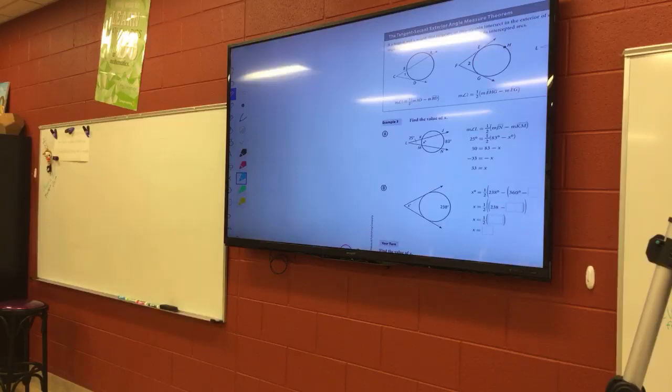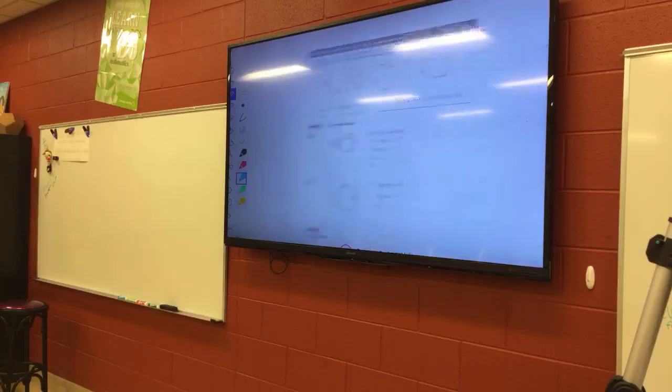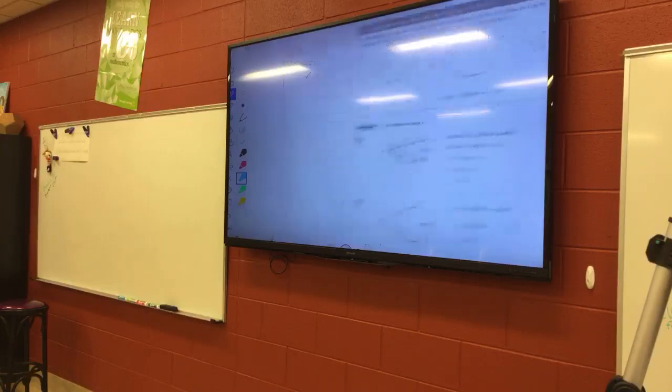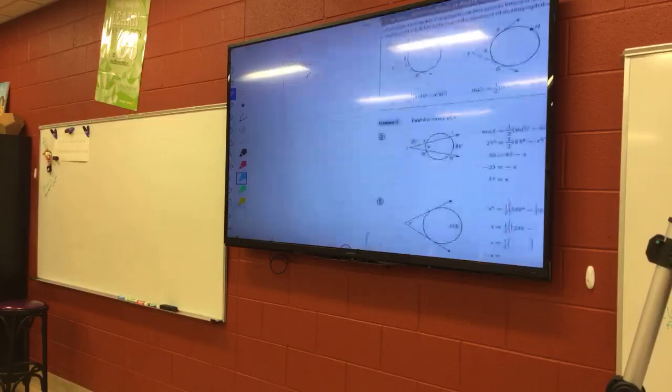Alright, so the next part is outside the circle. Okay? And when it's outside the circle, we're subtracting. Okay, so I'm going to write all these over here though. So we have the vertex has a couple of possibilities. It can be at the center, right? And we know those two are the same. It can be on the circle, and it's half.